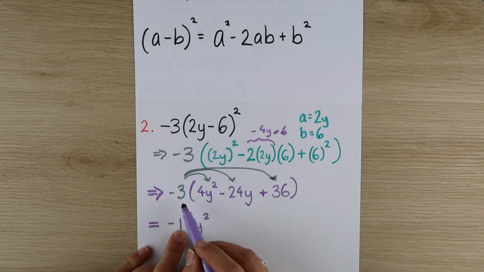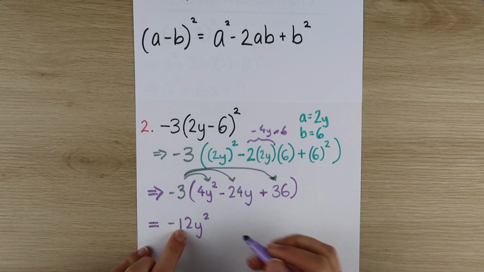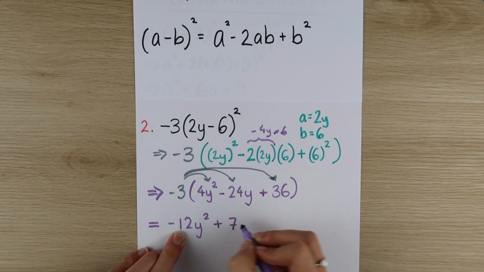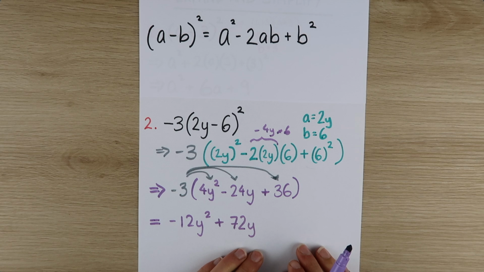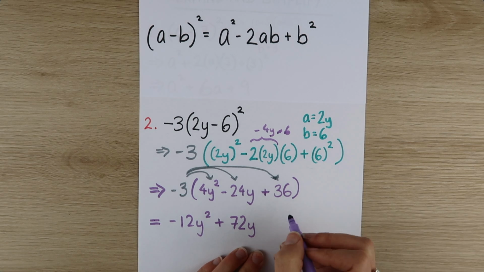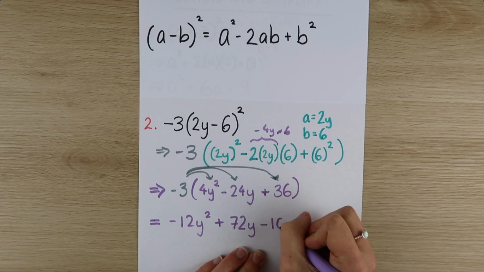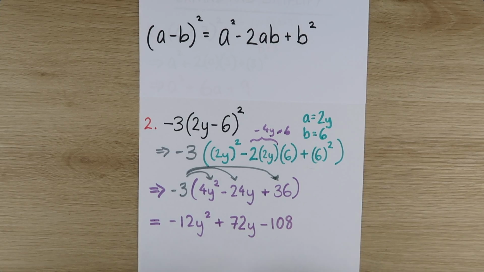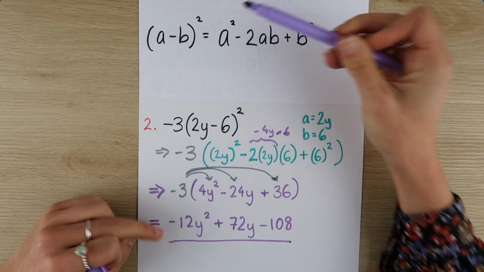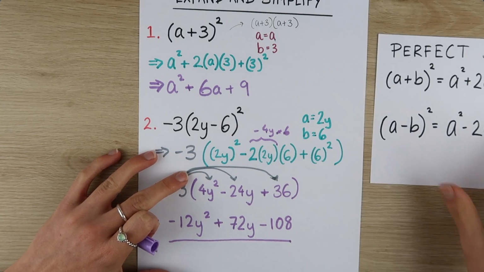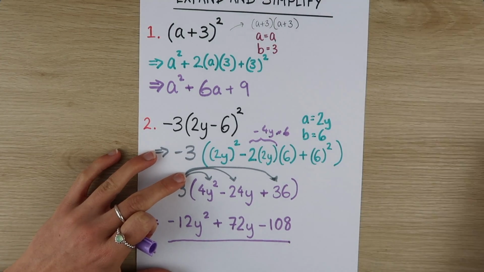Then negative 3 times negative 24 becomes positive 72. And obviously the y is still there. And then negative 3 times positive 36 is negative 108. That is how you would use the perfect square rule when you've got a negative, and also when you've got something out the front.